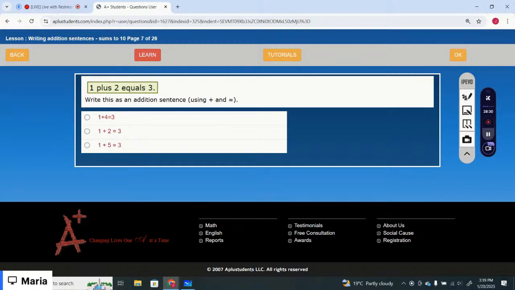One plus 2 equals 3, which is the correct option. Option number 2 is the correct option. 1 plus 2 equals 3.